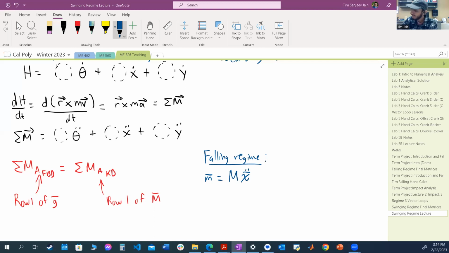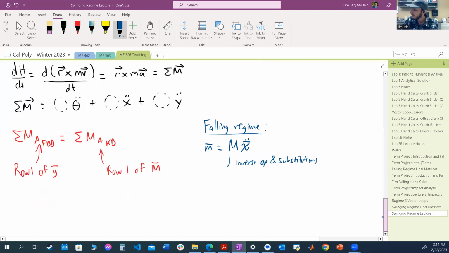And what did we do for that? We performed some inverse operations and substitutions with chi double dot from kinetics, and we got an equation for x double dot: MA inverse times little m minus big M times little a.